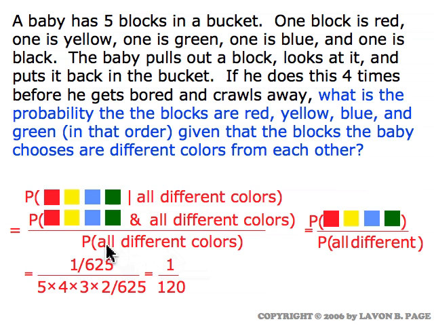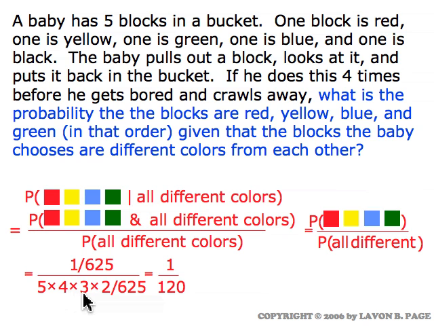For the denominator, we have to think about the probability of getting 4 different colors in the baby's 4 selections. To get 4 different colors, we could have any one of the 5 possible colors for the first block drawn, and then any one of the 4 other colors for the second block drawn, 3 remaining colors for the third block, and 2 for the 4th.